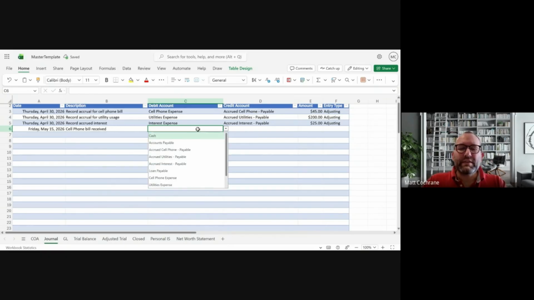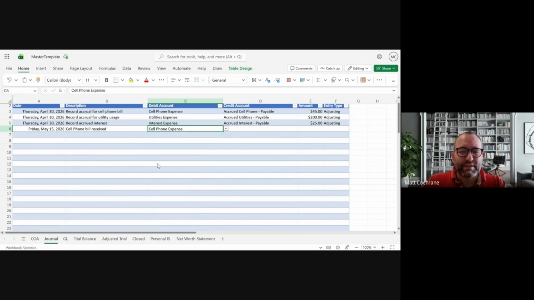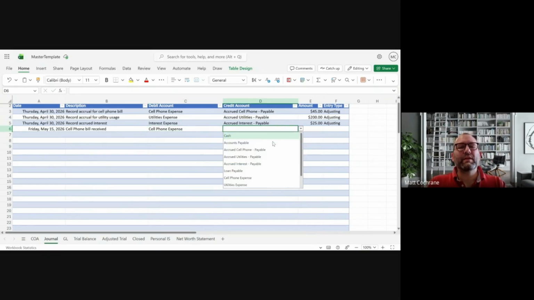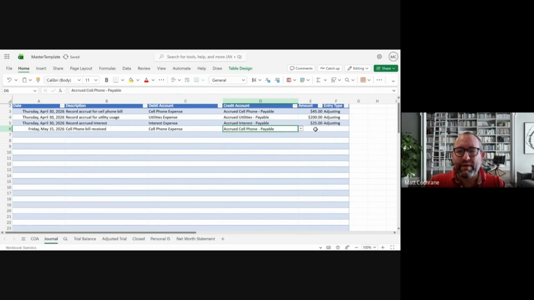Okay, so the amount that we realize at that point in time is the cell phone expense, and we're only realizing up to that point. So again, half of the amount, and that's going to go to our accrued cell phone payable. So 45, and this is just a normal entry.